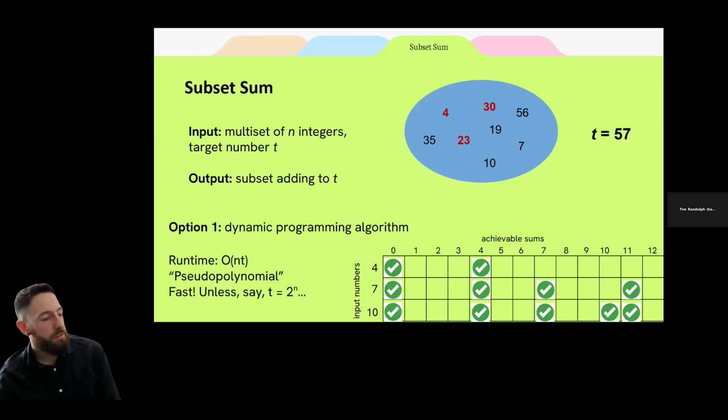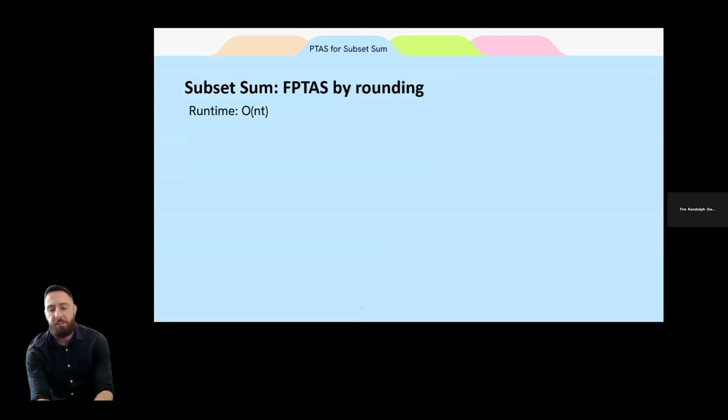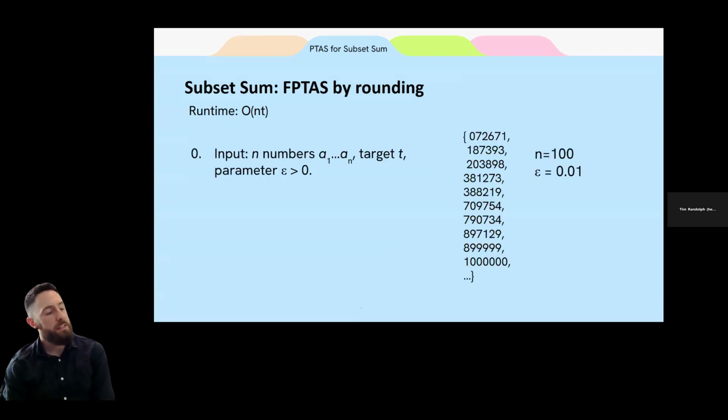But one thing we can do is effectively make t small just by choosing to round all of these numbers. So here's how you get a fully polynomial time approximation scheme for subset sum with a little rounding trick. We have our big O of nt algorithm. So that's something we can do, solve the problem in time big O of nt.